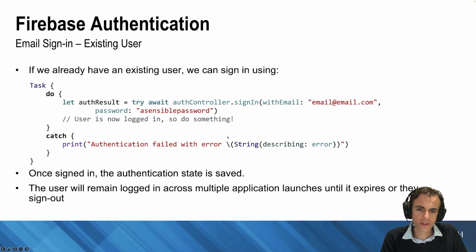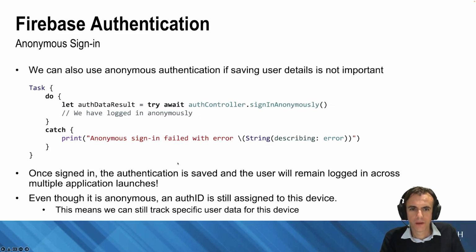One thing to note about this is this state is remembered, so the next time you launch an app where the user has signed in before, their sign-in status will be that they remain signed in until some sign-in expires or they sign out via a sign out button.